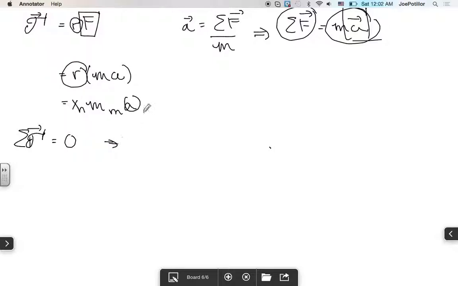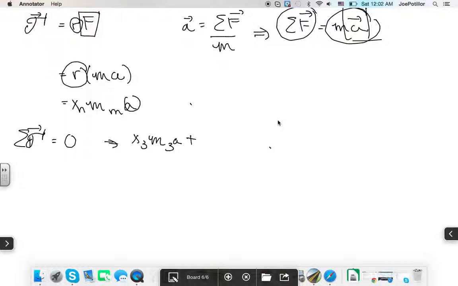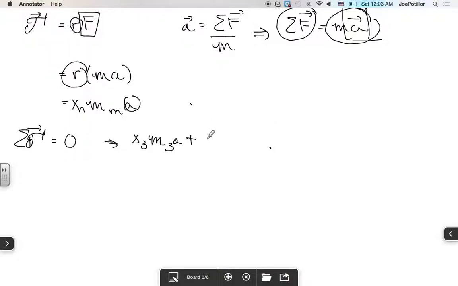Therefore, I have x3 m3 a, where a stands for acceleration, but we're going to eliminate it in a minute, plus x2 m2 a plus x1 m1 a is equal to 0.